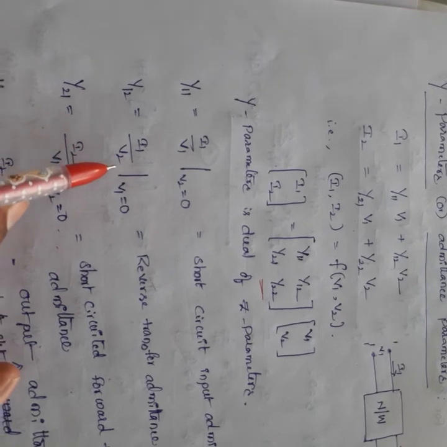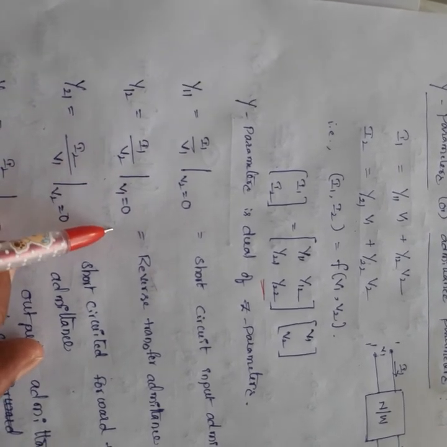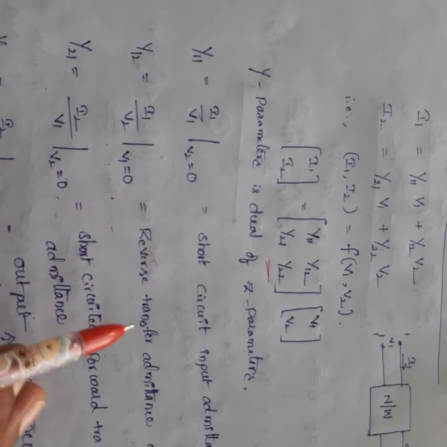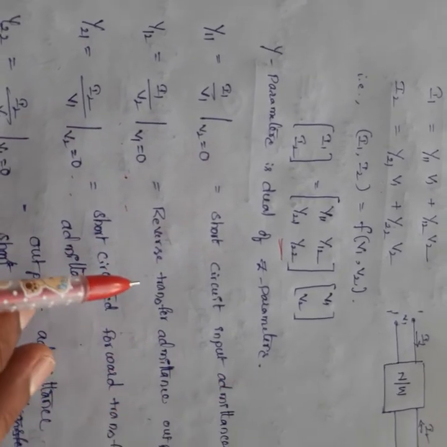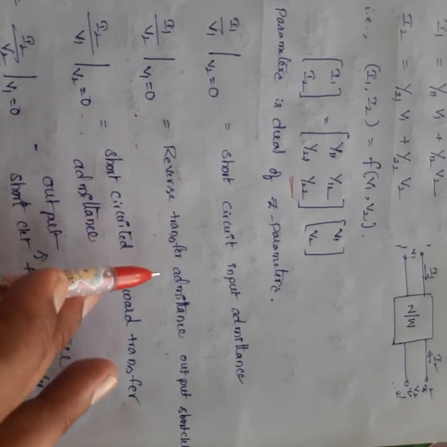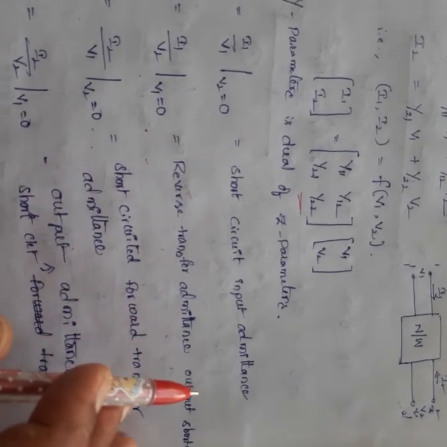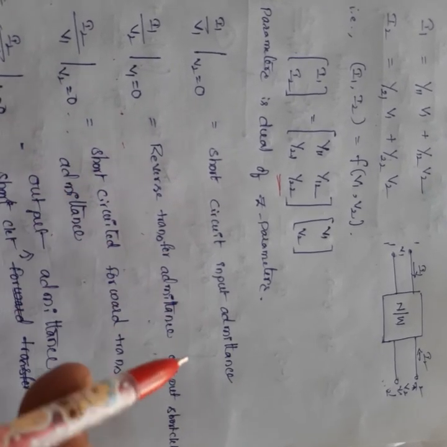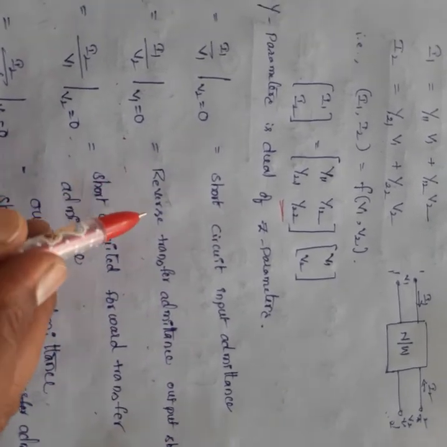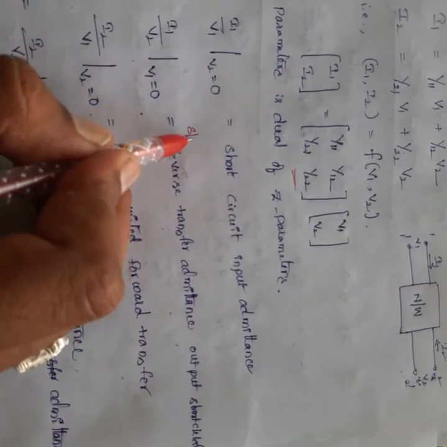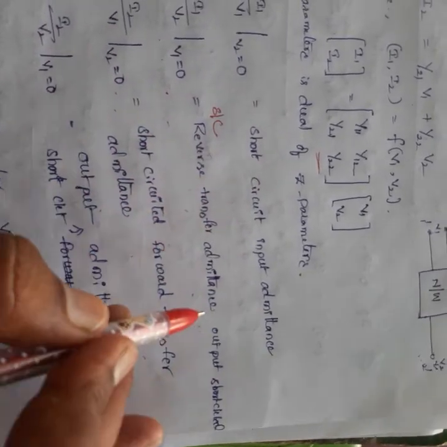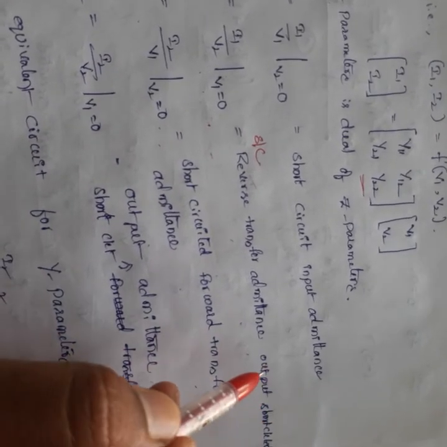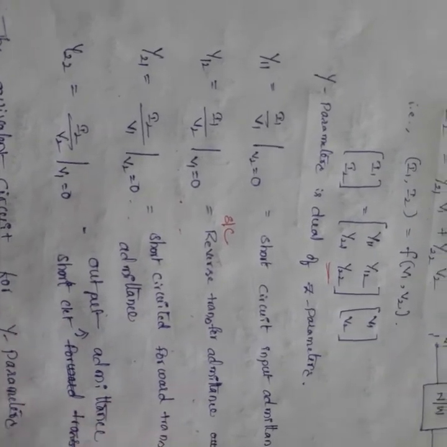So Y12 equals I1 by V2 under V1 equals 0. This is the short circuit reverse transfer admittance.